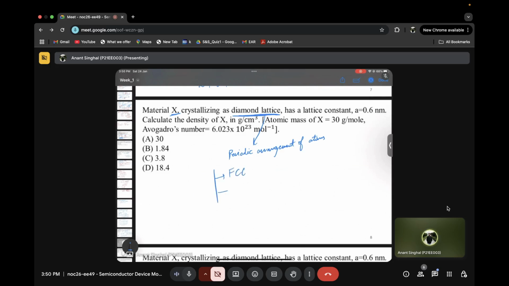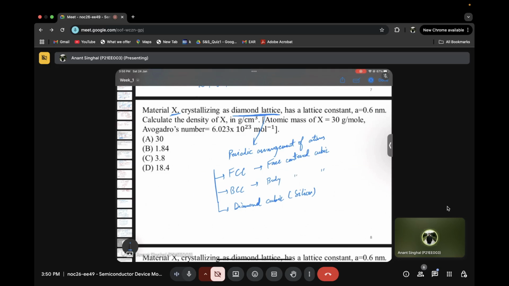One is FCC, one is BCC, and the third is the diamond cubic, which is the structure of silicon. FCC is face-centered cubic, and BCC is body-centered cubic.